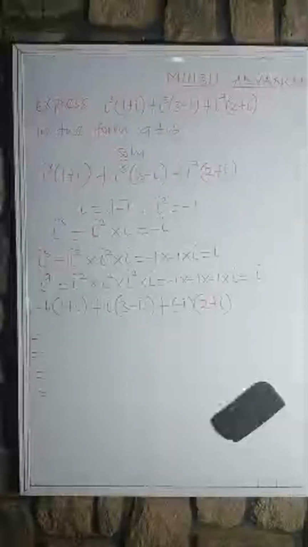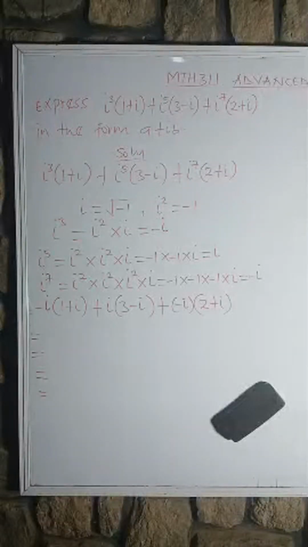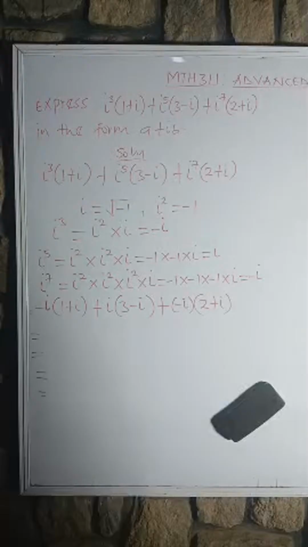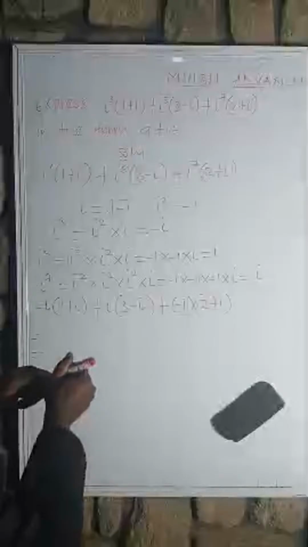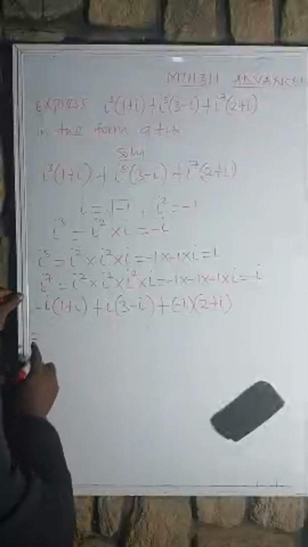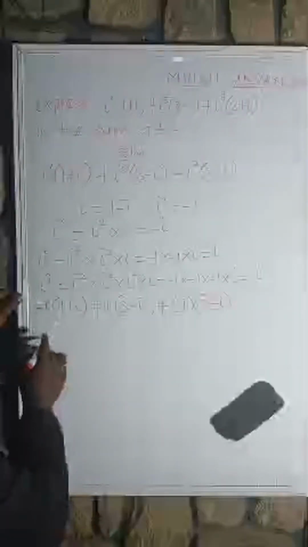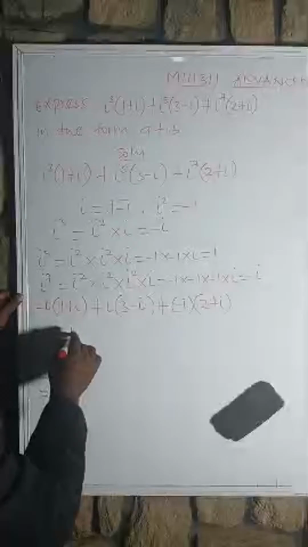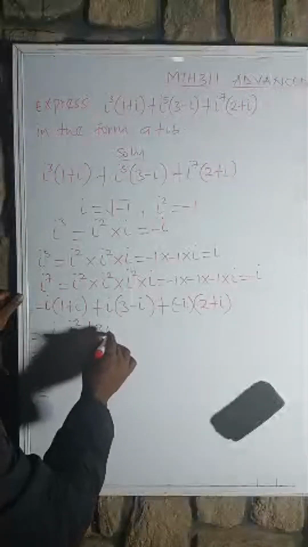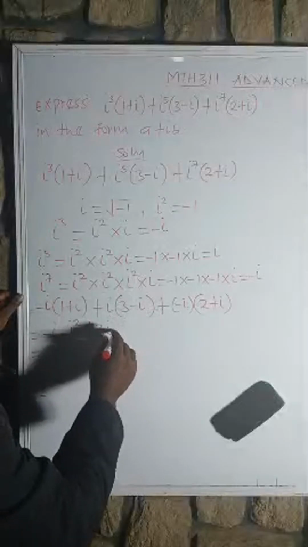I noticed the mistake there. So this is supposed to be minus I. When you multiply, you are going to have minus I times 1, minus I times plus I is minus I squared, plus I times 3 is 3I, I times minus I is minus I squared.